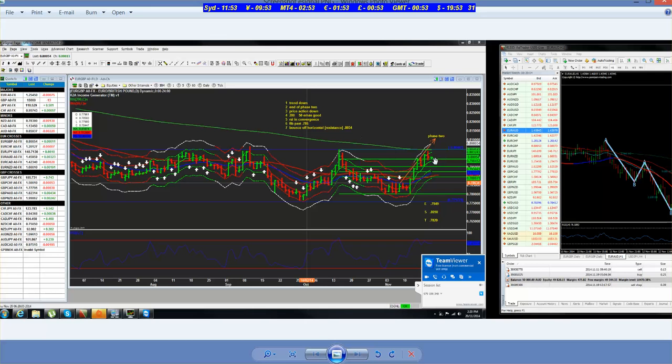Look, if you're going to trade the income generator, you've got to understand what it's doing and what the signals are, how it generates a signal, and how best to take advantage of that. And we can see that in a ranging market, which the euro pound is, the signals you're getting are just crap, and you would not trade them for any reason.